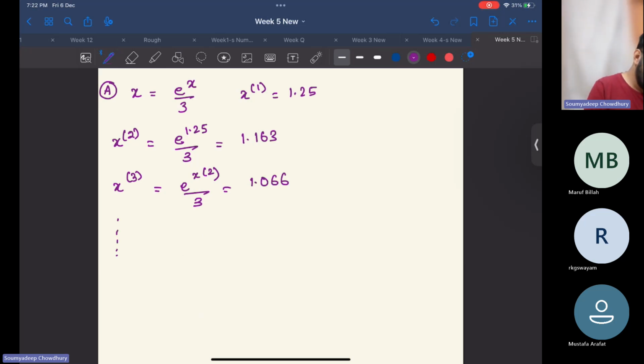Similarly, if we do up to 20 iterations, we'll see this will converge to 0.619.